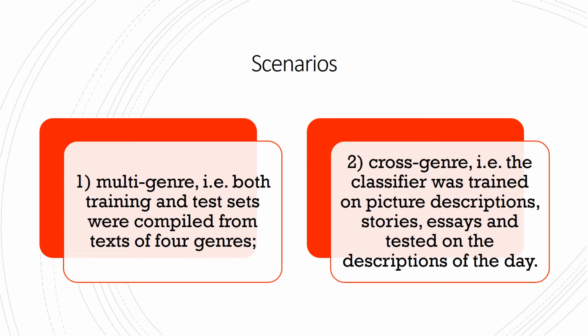Thus, by selecting as test texts descriptions of the day, we made this scenario as complicated as possible, which is considered to be the most difficult and challenging task in the modern literature on idiolect identification.